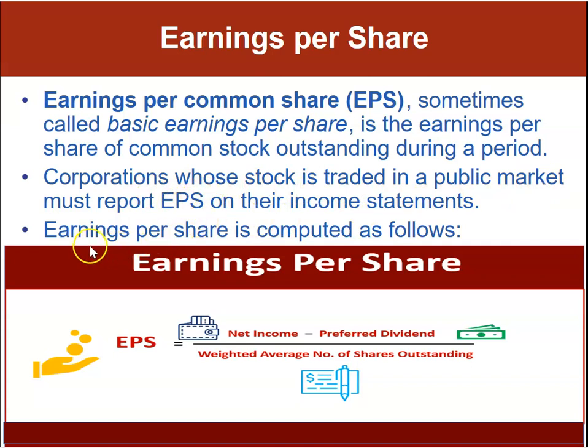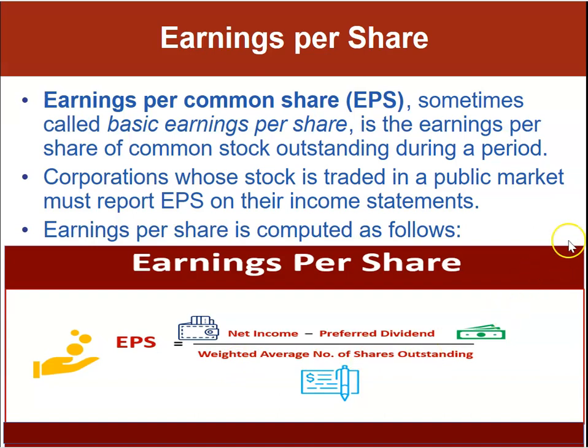And we have a very, very basic calculation here. Earnings per share is computed as follows. We take net income for the period. We subtract out the amount of preferred dividends that are owed. And then in our denominator, we divide by the weighted number of shares outstanding for common stock.